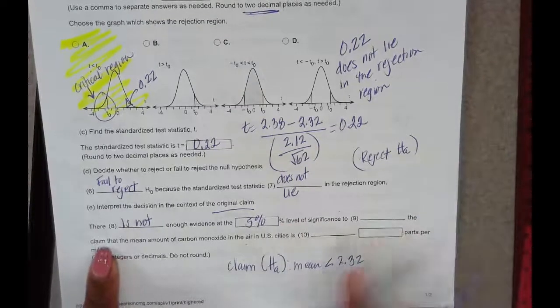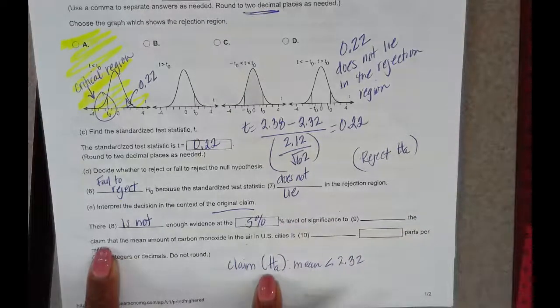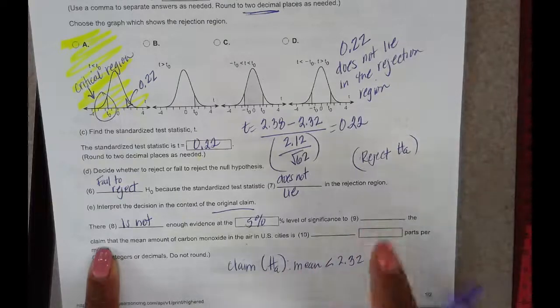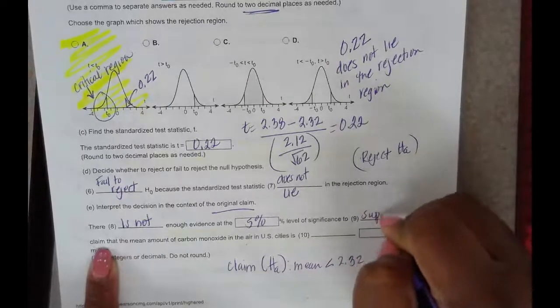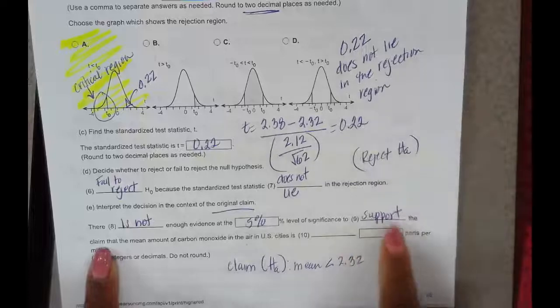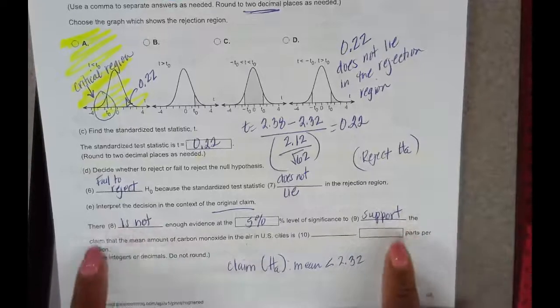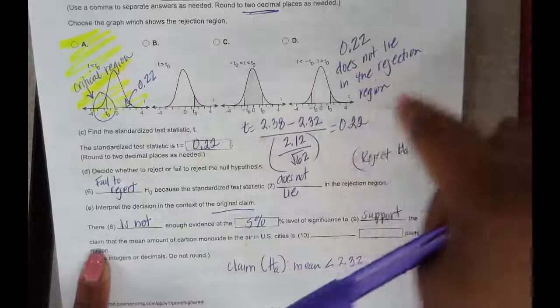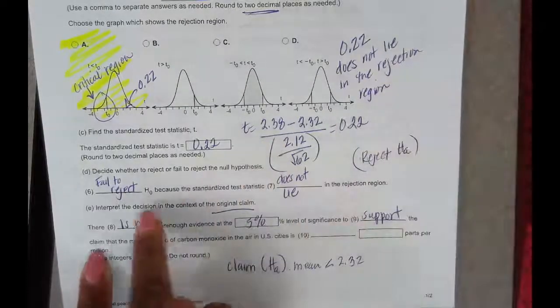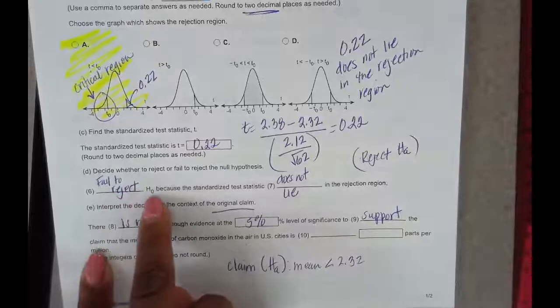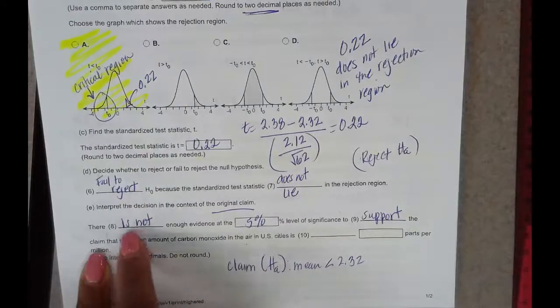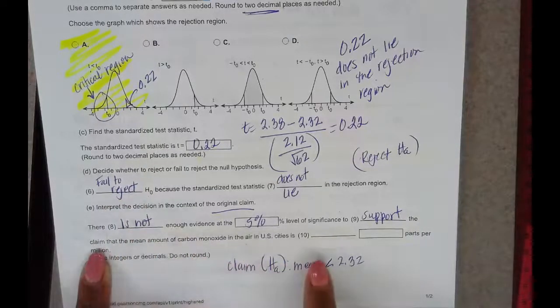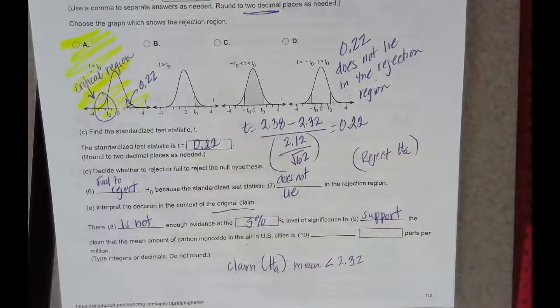Because remember what the claim is, y'all. It's in the alternative, and that's your indicator that you're going to use the word support. We can't support this claim because the test statistic is not in the rejection region, so we are failing to reject the null. That means everything about the claim, which happens to be the alternative, is out.